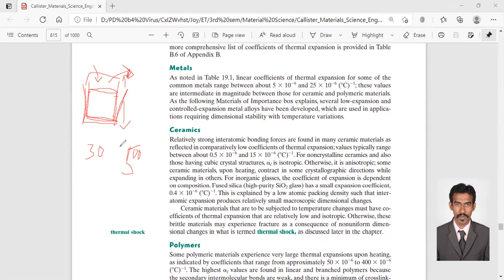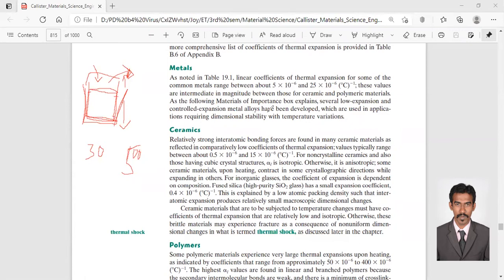So there are certain cases where we need the thermal expansion to be controlled. We cannot leave it as it is. For those particular moments and applications, some alloys have been developed.